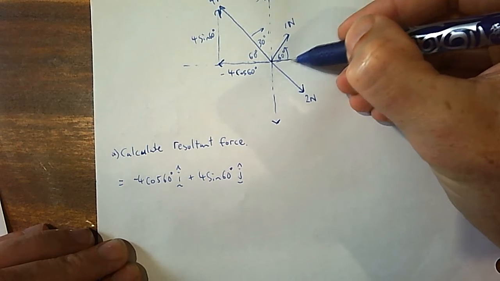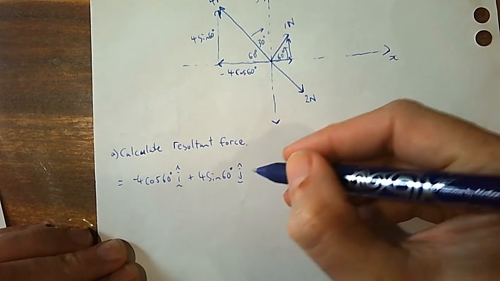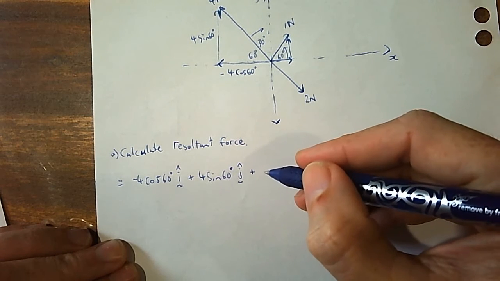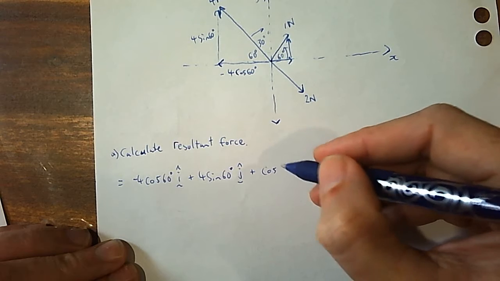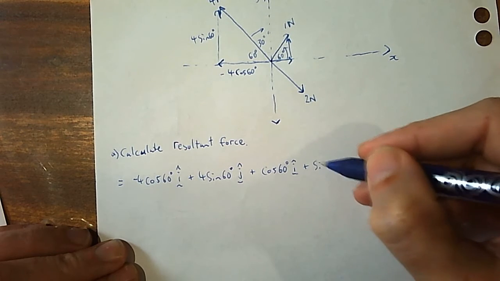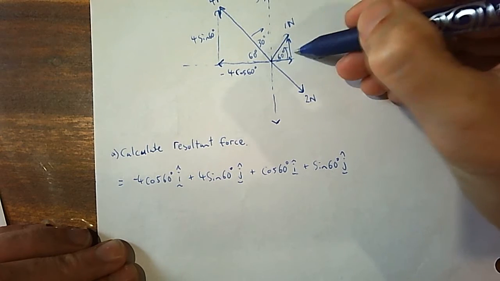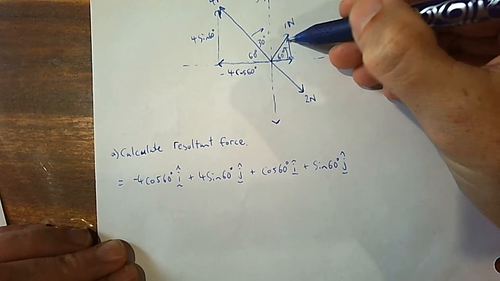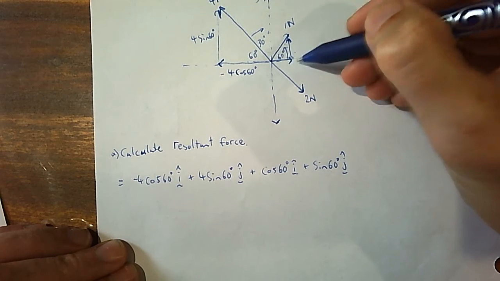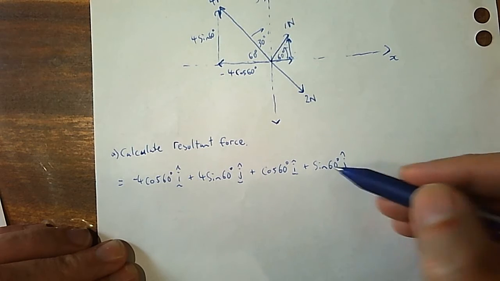It can be broken up into this force here plus that force there. So it'll end up being plus cos of 60 degrees I plus sine of 60 degrees J. Because that's the sine of 60 degrees, this is cos of 60 degrees. It's just 1 newton, so that's why it's just 1 times by that.